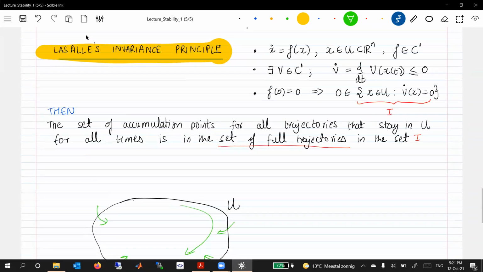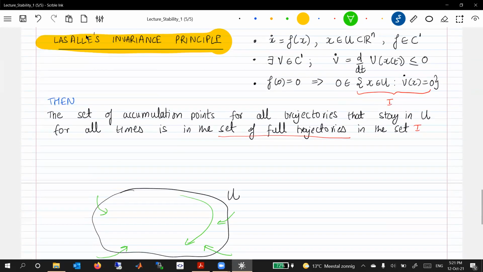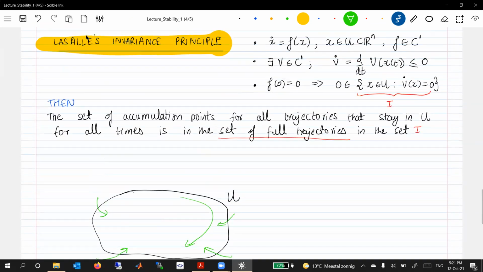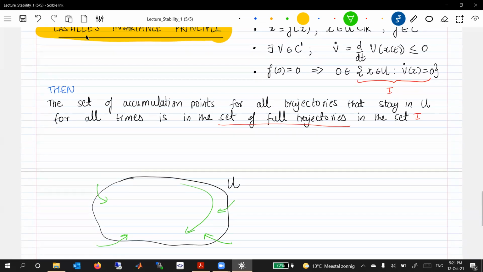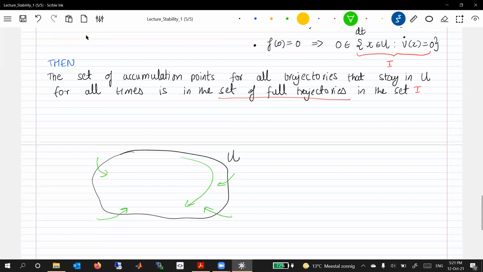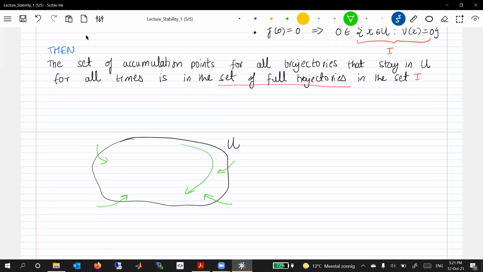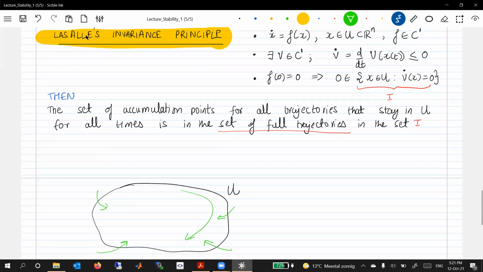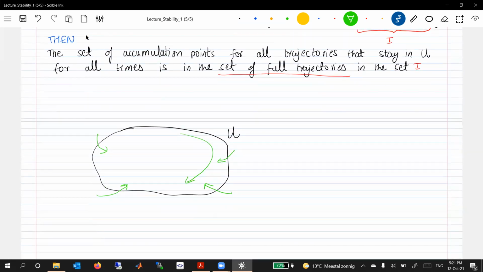Within this set U, we have found a function which is non-negative. Again, this is a principle. I'm not going to be proving this, but this is a powerful result which helps us establish where these trajectories, in case this is true, then there would be a set I inside this set. I think we draw it with the red color.